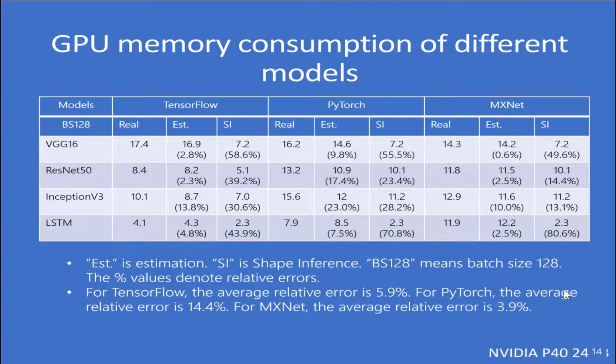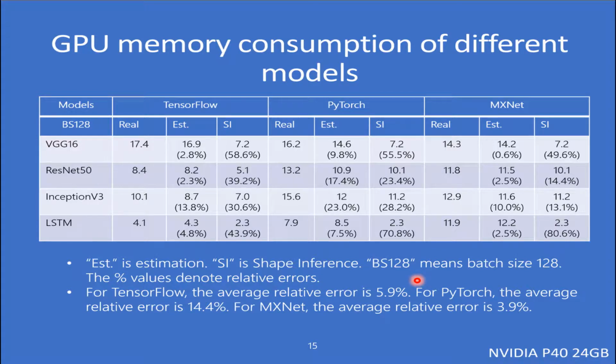This experiment evaluates the overall effectiveness of DNNMem in estimating GPU memory consumption. This table lists the experimental results for VGG16, ResNet50, InceptionV3, and LSTM. EST is the estimation result. SI is shape inference.